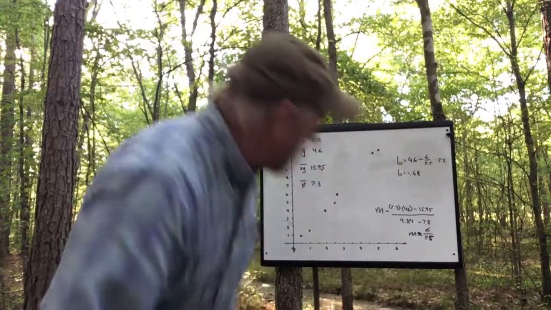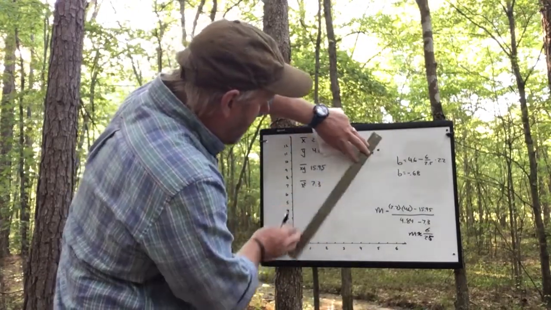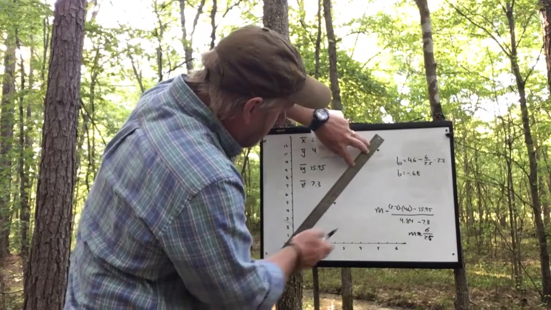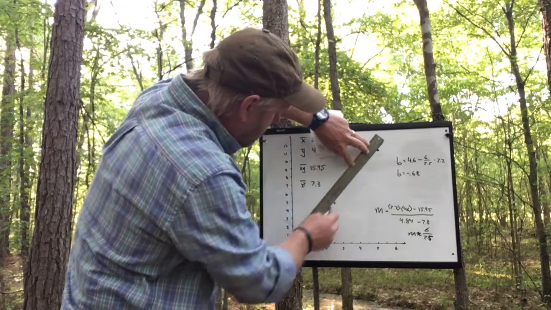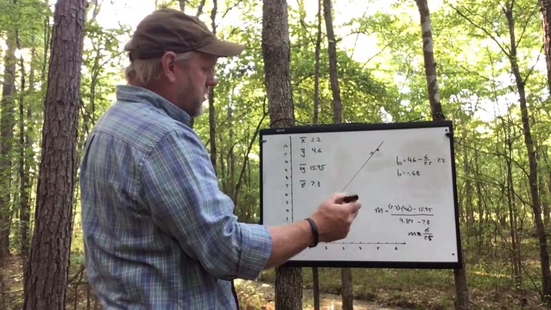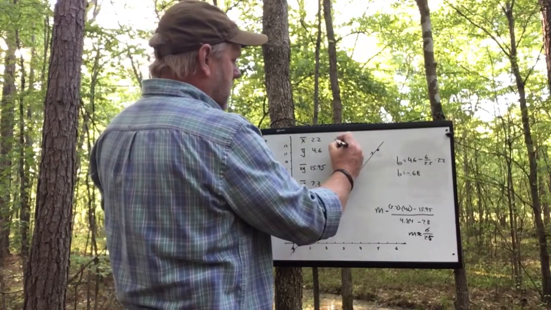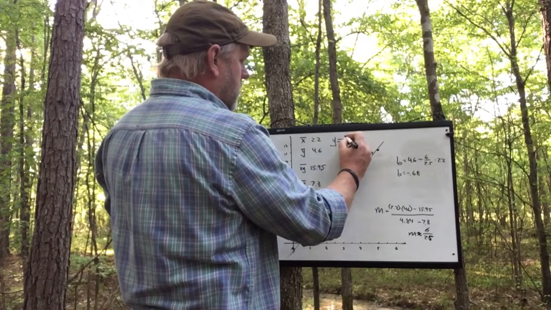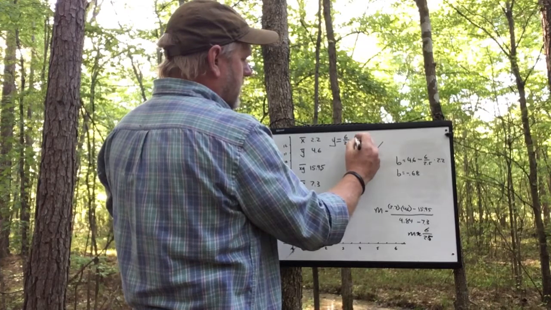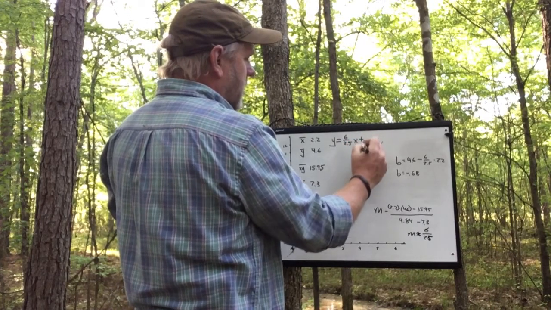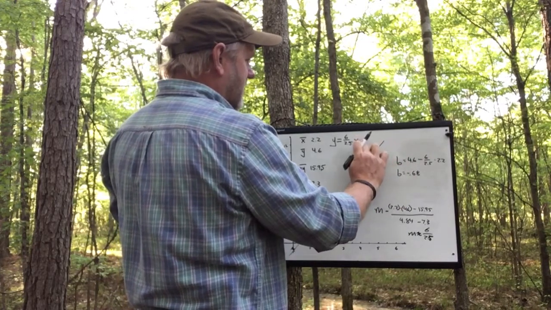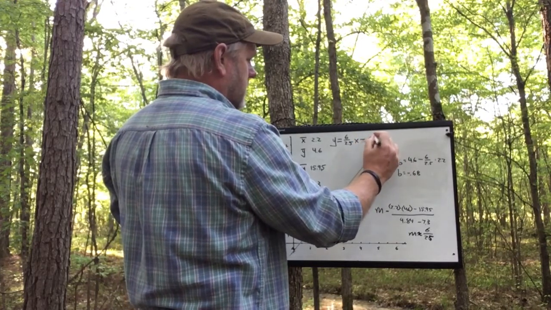And you can see, if I take my ruler and lay it up on that line, then, okay, pretty close. That gives us our line of best fit. We have an equation that we can now put to it. The equation would be y equals 6 over 2.5 x minus 0.68.